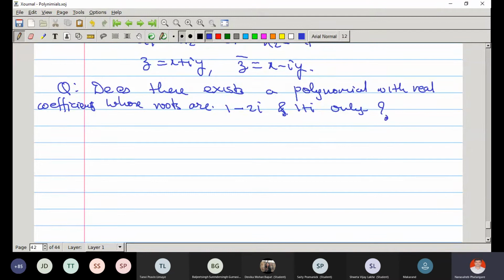It has only two roots and the coefficients are real. Is it possible? What is your answer?